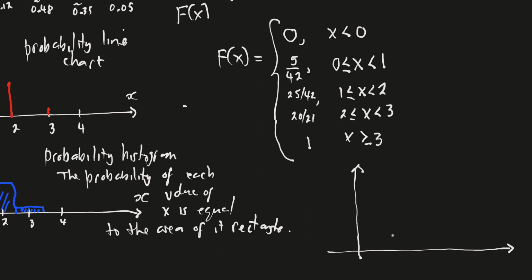So what am I going to do? Well, we can see that the values are going to range from 0 to 1, right? Like this.